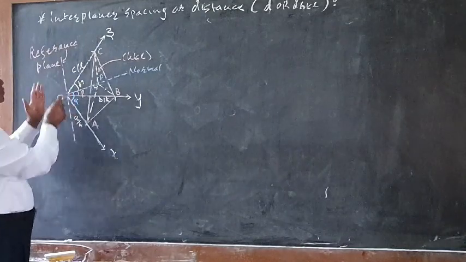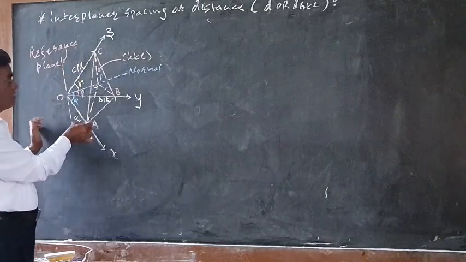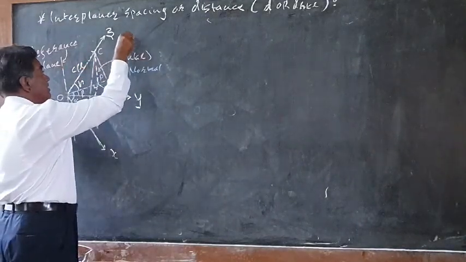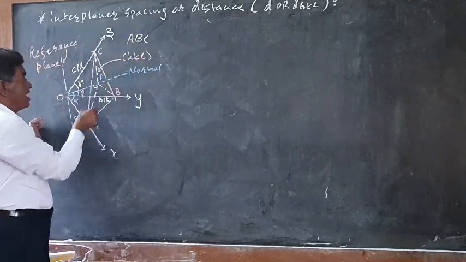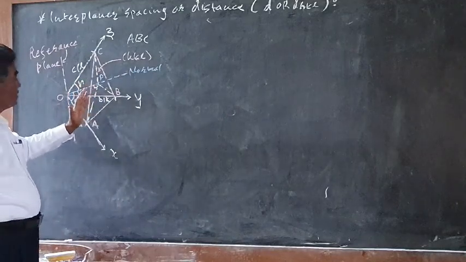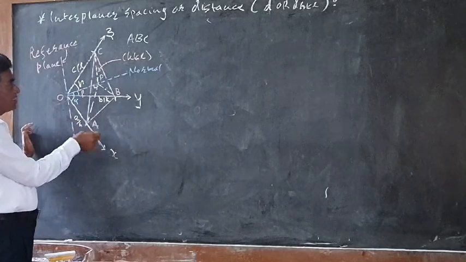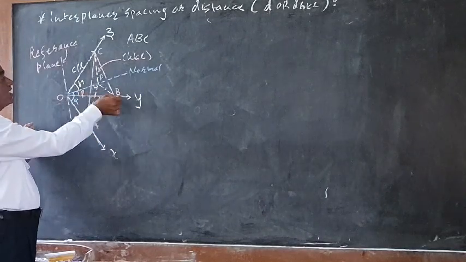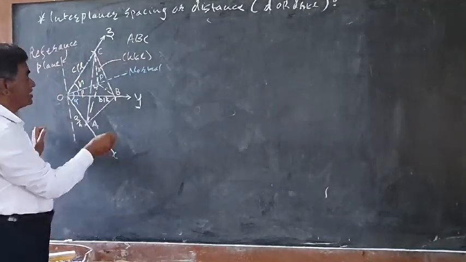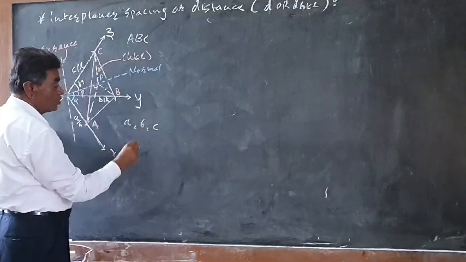Suppose the reference plane passes through the origin, and the next plane, ABC, cuts intercepts of a by h on the x-axis, b by k on the y-axis, and c by l on the z-axis. Here a, b, c are the primitives of the unit cell.